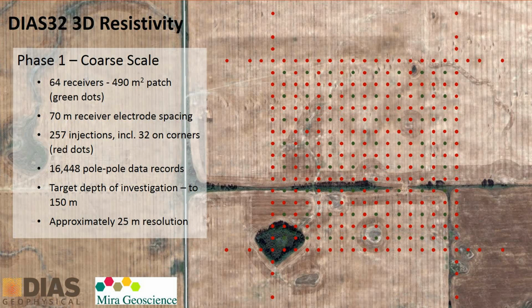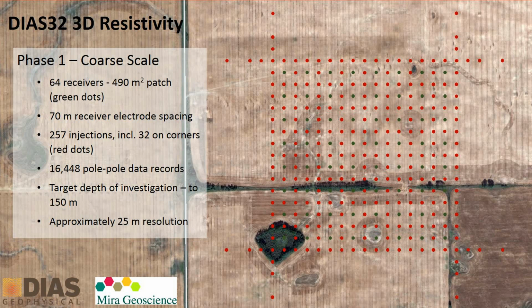So the survey was done in 2 stages. The first stage was to do a coarse scale. This was to achieve the depth of exploration that they wanted to over 100 meters. So we laid out 64 receivers. Those are the green dots, 8 by 8 at a 70 meter dipole spacing, 70 meter electrode spacing.